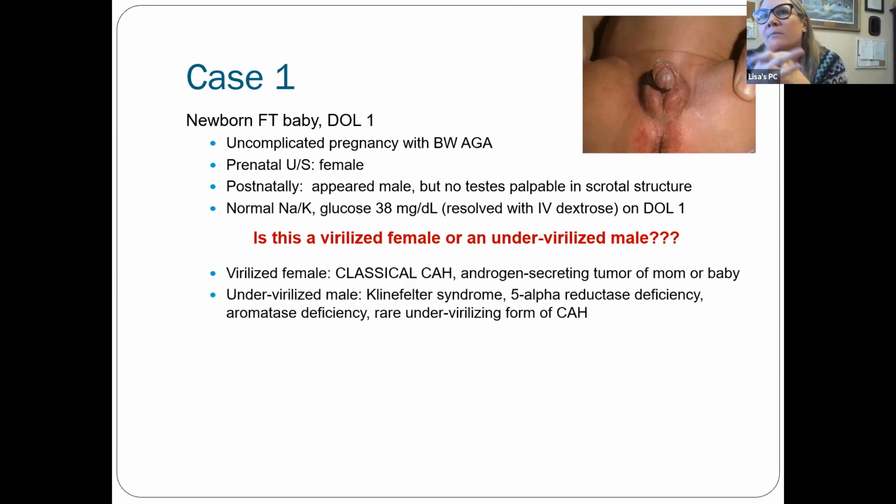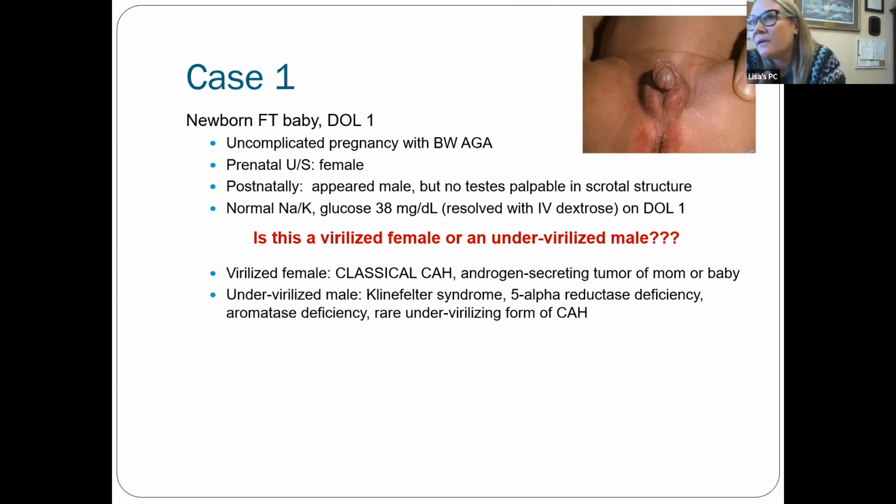And so just things that I think about in the newborn period, if I'm leaning more towards a virilized female, classical CAH, I put in capital letters because that is the most common. I would just say that's 1, 2, and 3 on the differential diagnosis of a virilized female in infancy.